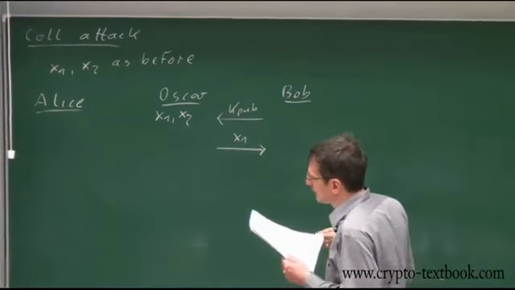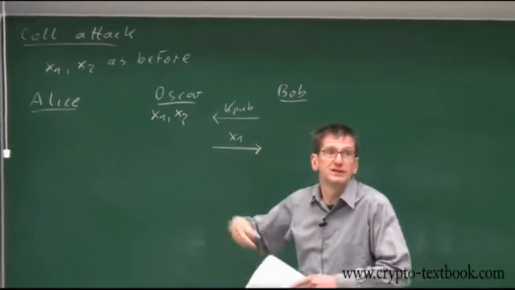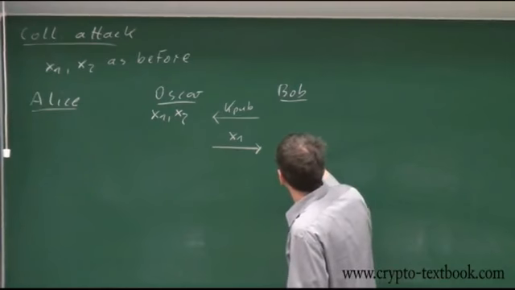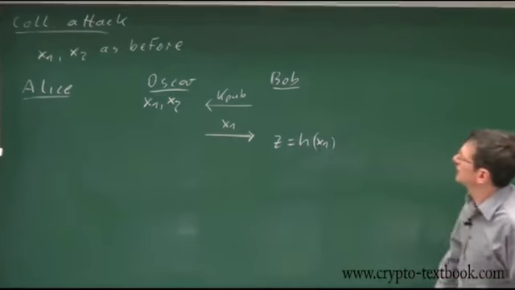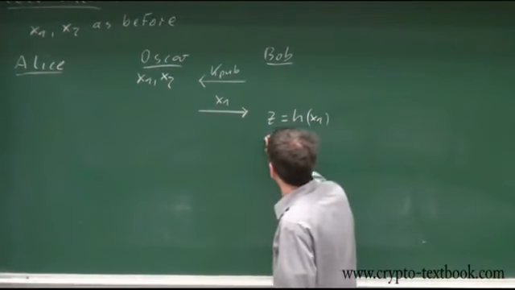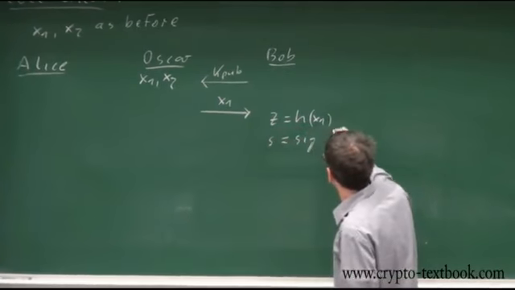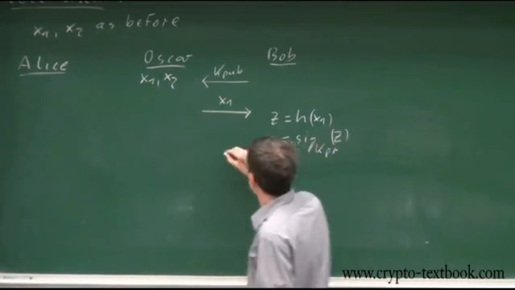So what Bob does now is, because X is a PDF and a PDF is whatever, 50 kilobytes, he has to hash that. So he computes the hash value of that, signs the hash output using his private key.